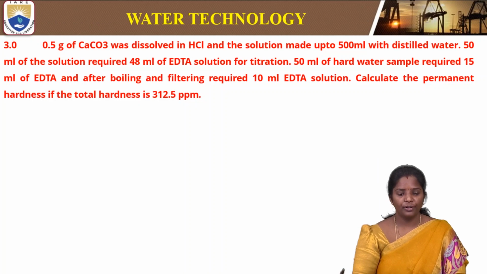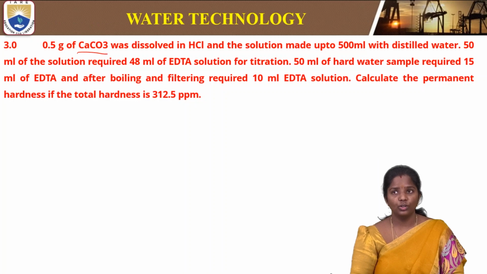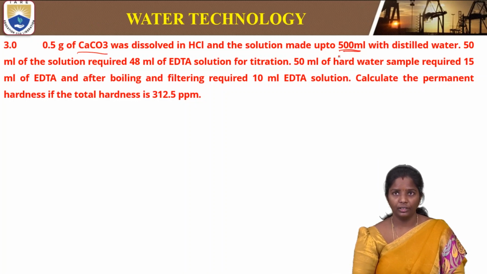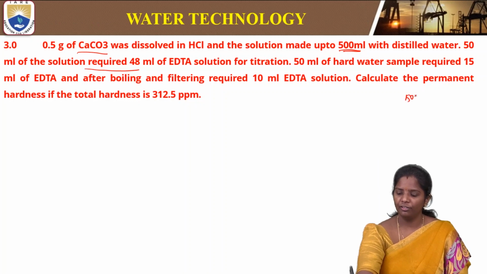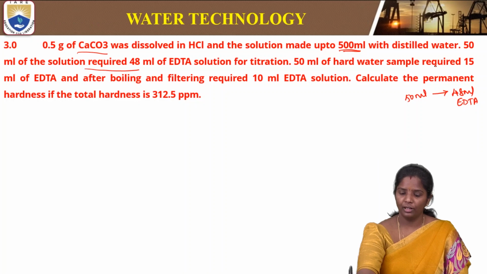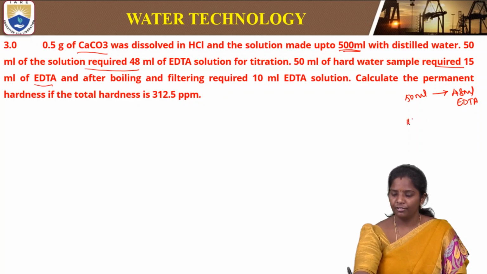Next: 0.5 grams of calcium carbonate was dissolved in HCl, and the solution made up to 500 ml with distilled water. 50 ml of this solution required 48 ml of EDTA for titration. Then 50 ml of hard water sample required 15 ml of EDTA, and after boiling, it required only 15 ml.